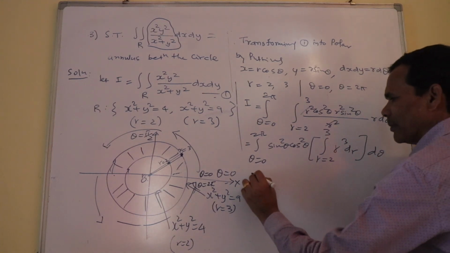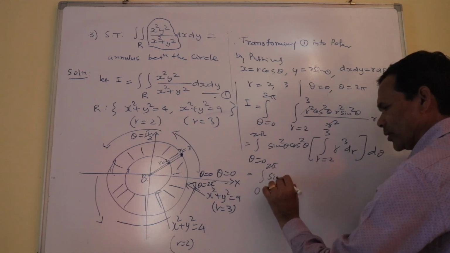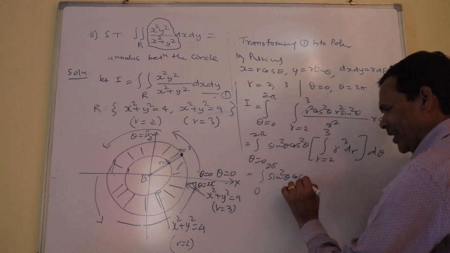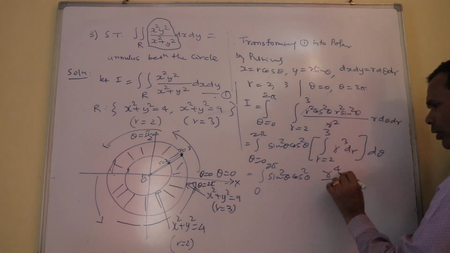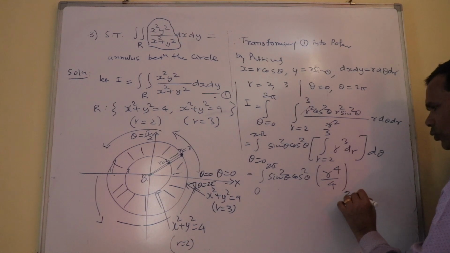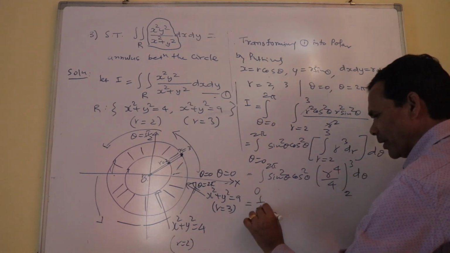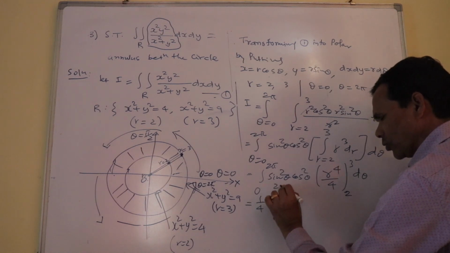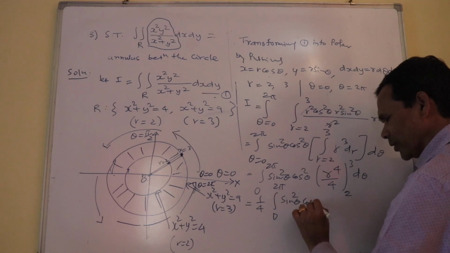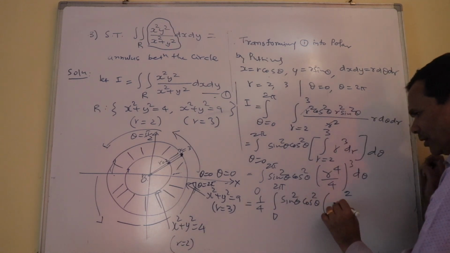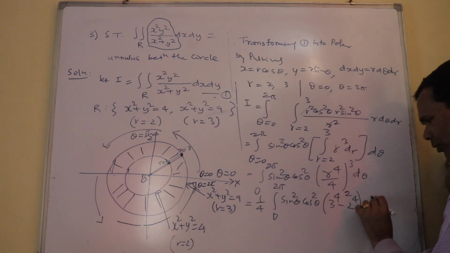So I just simplify this further. 0 to 2 times pi sin square theta cos square theta, and this one r raised to 4 divided by 4, limits 2 to 3, into d theta. I apply the limits here. 1 by 4 I take outside. 0 to 2 times pi sin square theta cos square theta, and here 3 raised to 4 minus 2 raised to 4, into d theta.